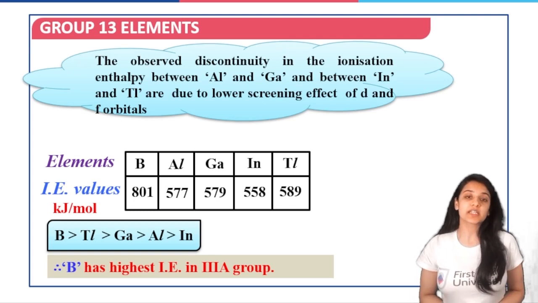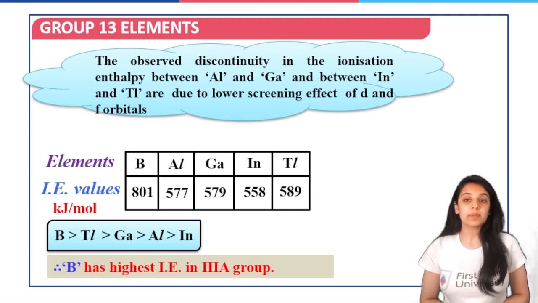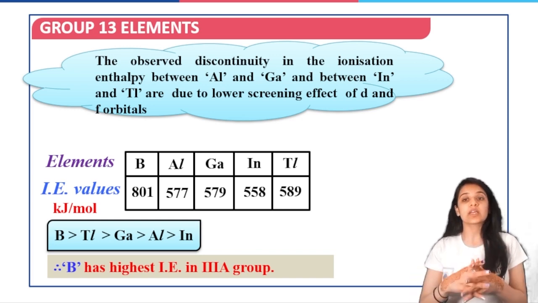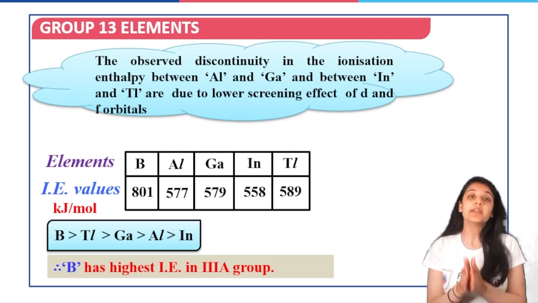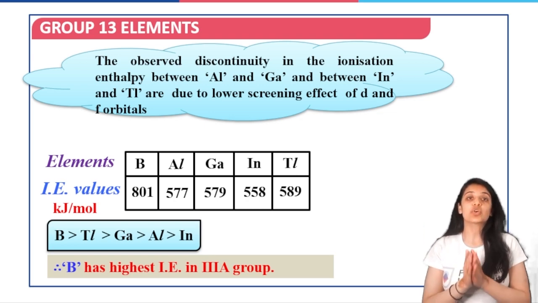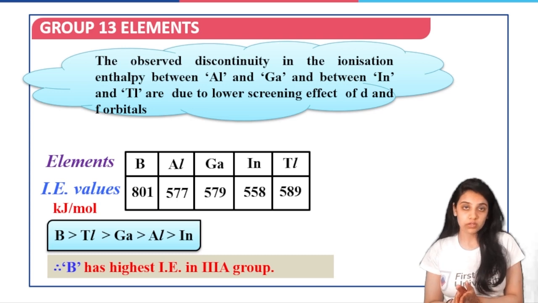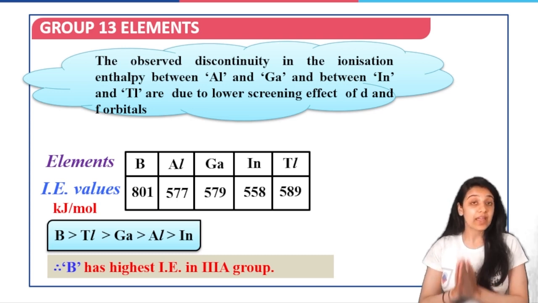The observed discontinuity in the ionization enthalpy between aluminium and gallium and between indium and thallium, all these exceptions are owing to the screening effect of d and f orbitals. Now you will say, how come screening effect has come into picture all of a sudden? That is because of the presence of d block and f block, d and f electrons.